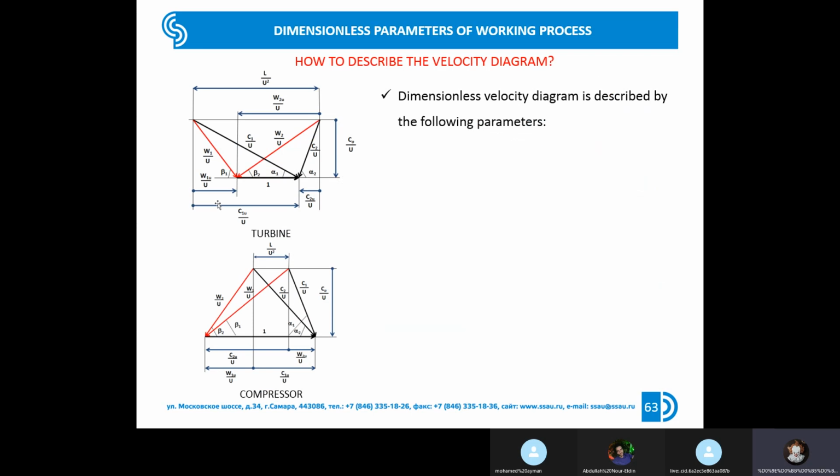If we take the assumption that d1 equals d2, it means the diameter doesn't change, and it finally leads to the circumferential velocity not changing.